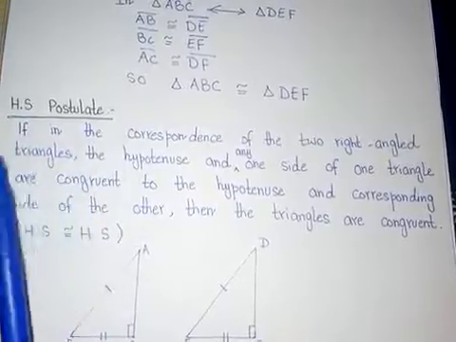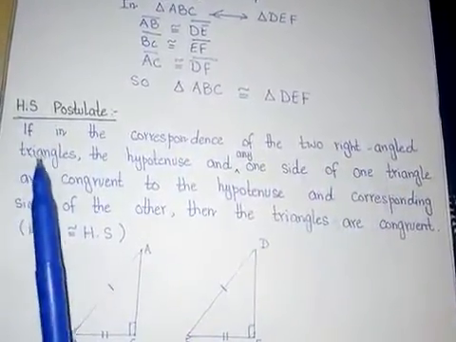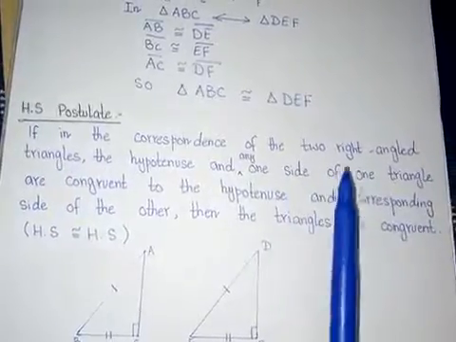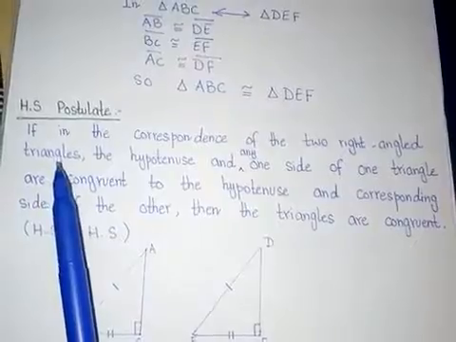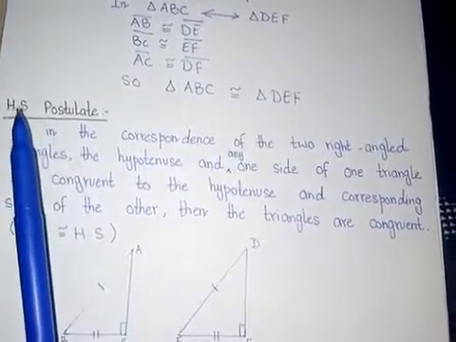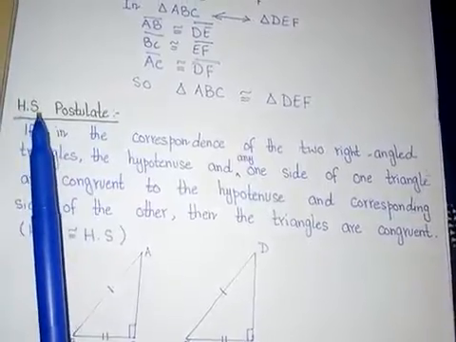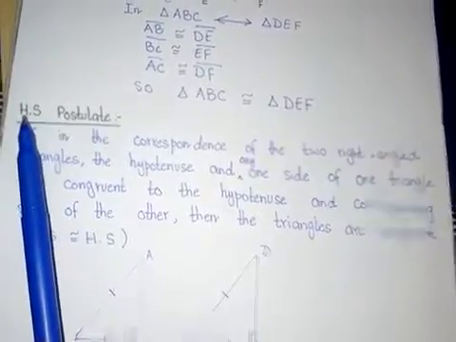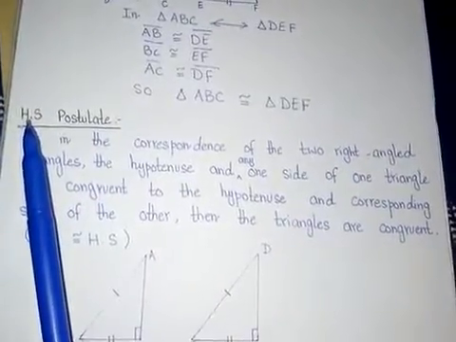What is the postulate? If in the correspondence of the two right angled triangles, here the words clearly state that right angled triangle. You can also guess from the name, as the name is HS, S for side and H for hypotenuse. Only right angled triangle have hypotenuse.